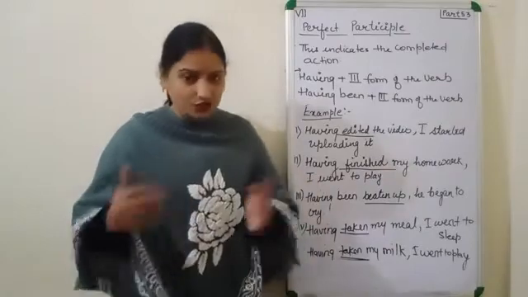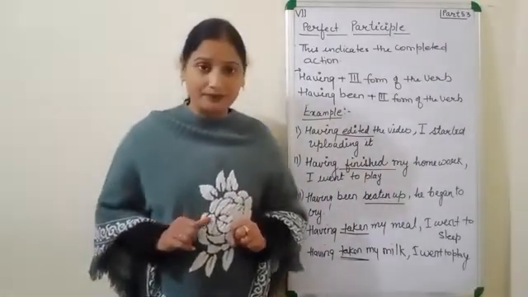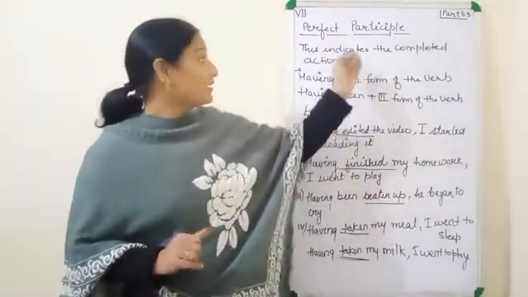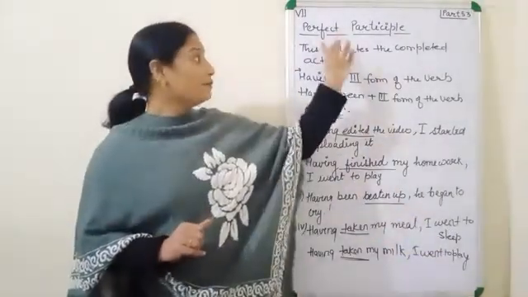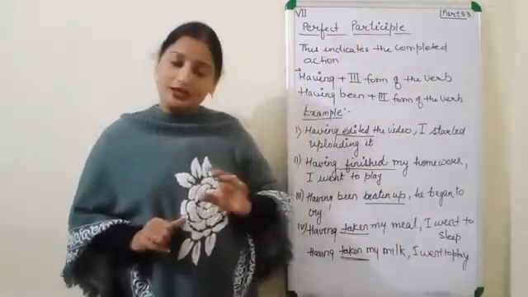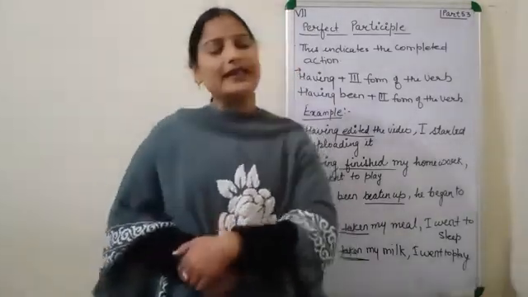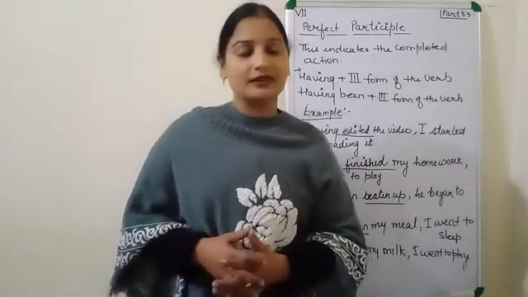If they show that work has been completed, past participle. And if this shows that the action has been completed, then perfect participle. So this is all about the participles. Now, in the next part of the video, we will see about the gerunds. Okay, thank you.